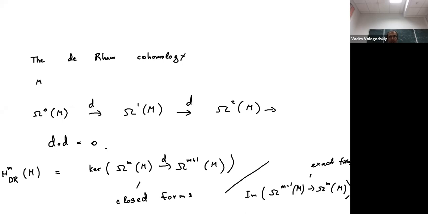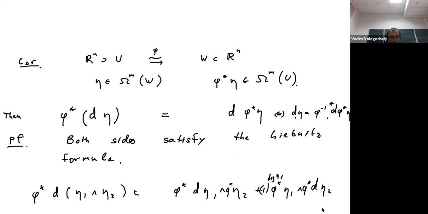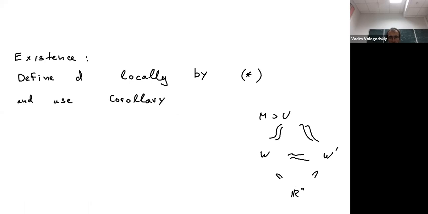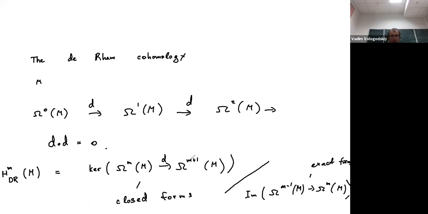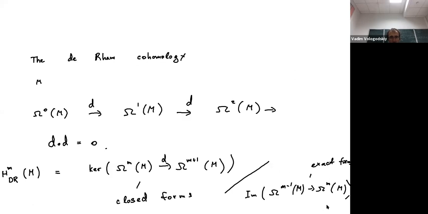So if I give you, say, a one form on R2, then you may ask whether this one form is the differential of a function, right? Let me rewrite this a little bit.